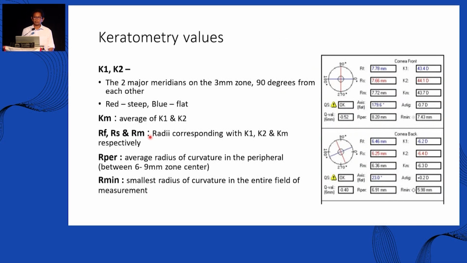So you look at the keratometry values. It's over here, the K1, K2, and usually it has to be less than 47. So that's the norm. And between 47 to 50, it's suspected keratoconus, and above 50 perhaps is abnormal.